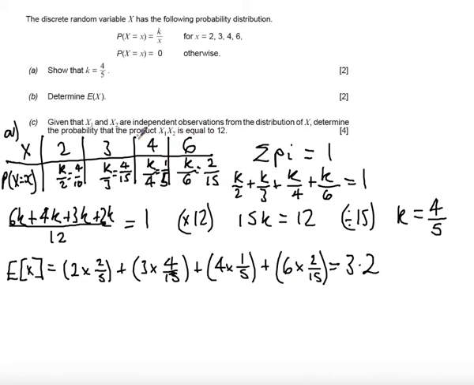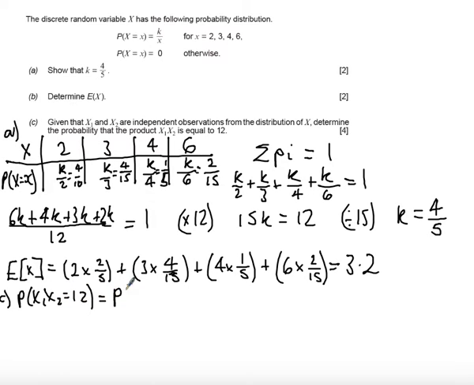Okay, part C says given that x1 and x2 are independent observations from the distribution of x, determine the probability that the product x1 x2 is equal to 12. So part C, I'm looking to find the probability that x1 x2 equals 12.